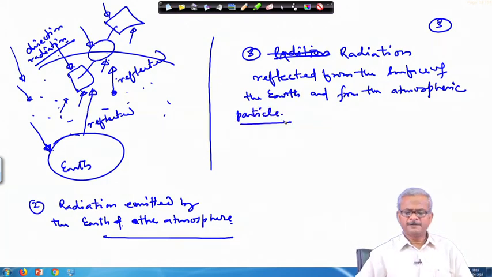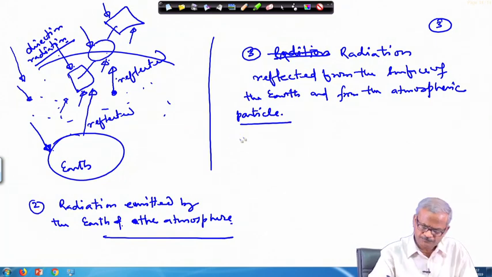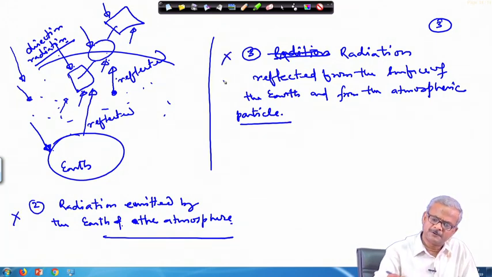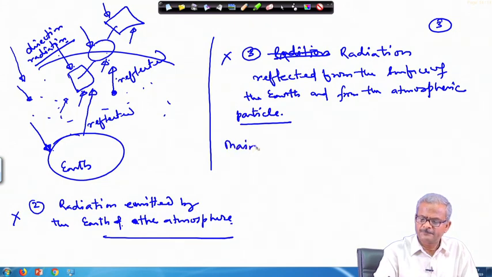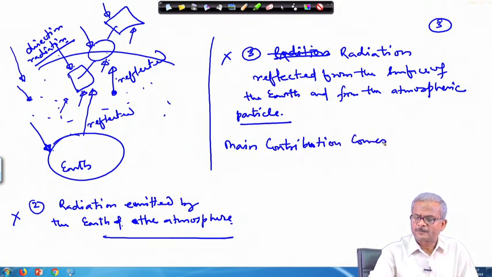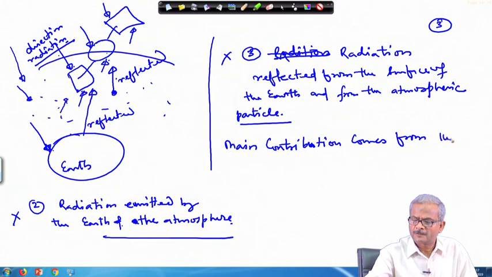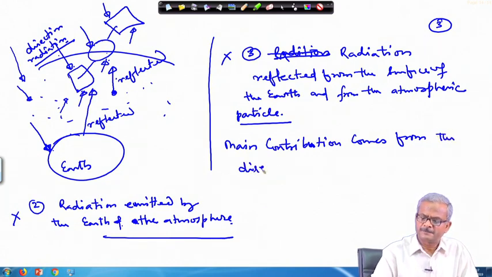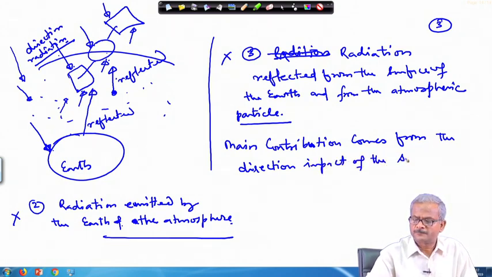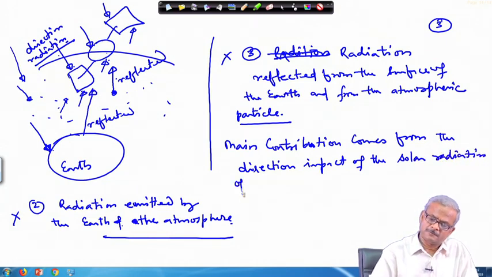So, all these three will be contributing, however, these two are dropped out. The main contribution comes from the direct impact of the solar radiation on the surface of the satellite.